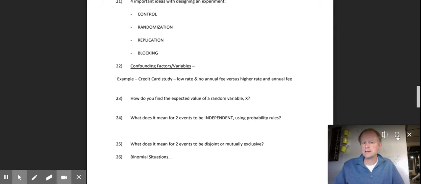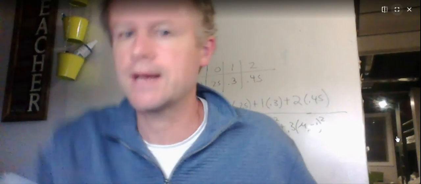You could say it either way: if A and B are independent, the probability of B given A is the same as the probability of B. So whenever we want to prove independence, we want to show that these conditional probabilities are equal to the probability of A and the probability of B.